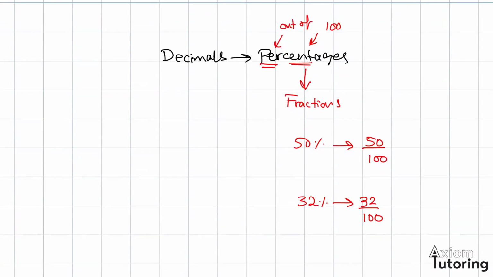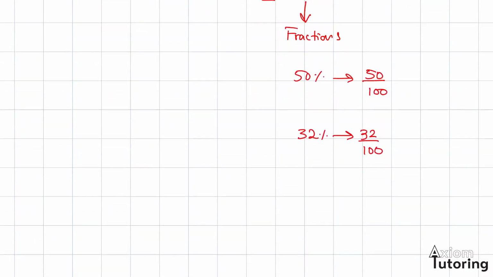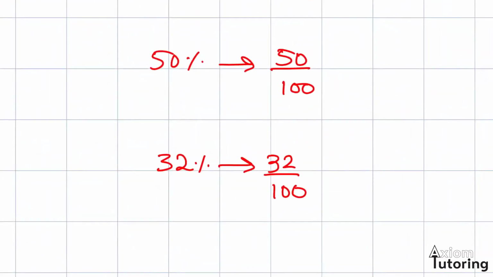divided by 100. So we can then take an extra step, because we know what happens when you divide a number by 10, 100, or 1,000. The decimal point moves to the left if you're dividing, to the right if you're multiplying.